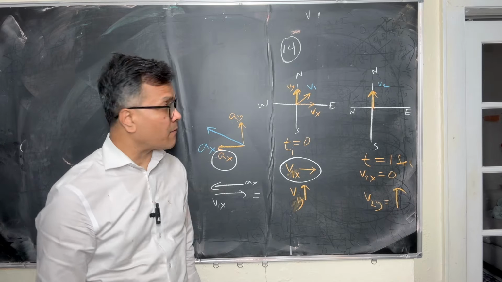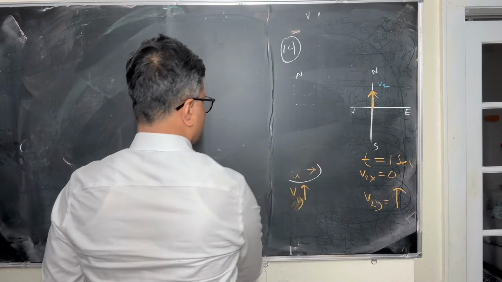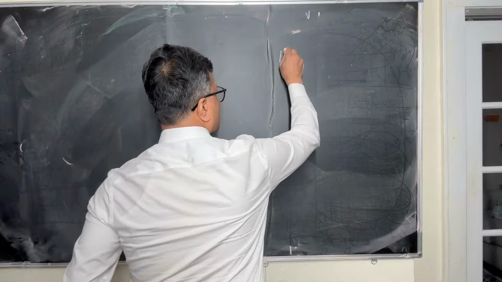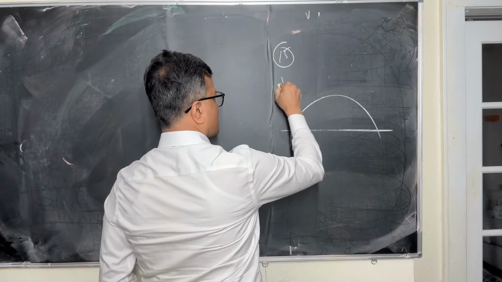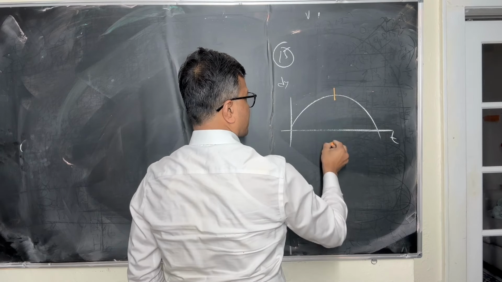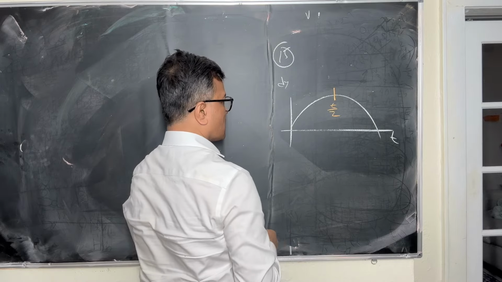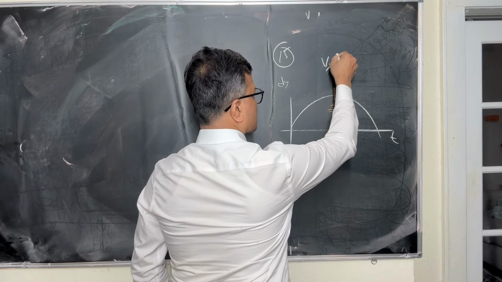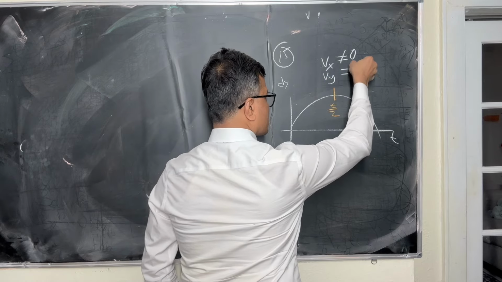Okay, all right. So now let's go to 15. I did projectile motion many times, so I'm going to make it quick. This is a projectile. This is dt. Let's say at the vertex, the time is equal to half. Vx is not 0. Vy is 0.